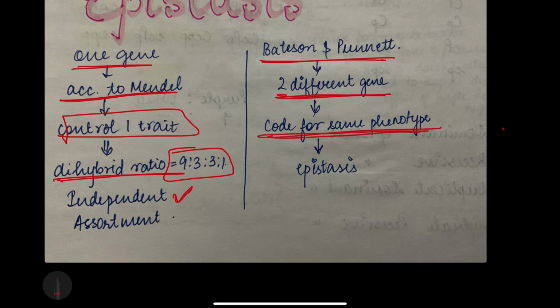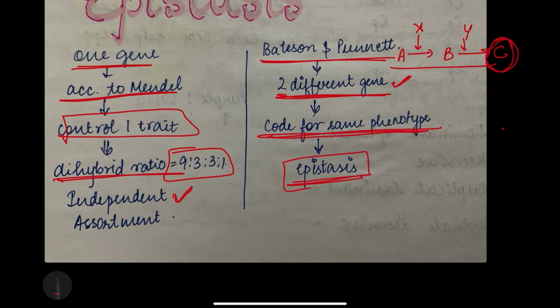How will we understand this? Two different genes can sometimes show a cumulative effect, like the action of X and the action of Y can together result in C. This was considered as epistasis, that is, non-allelic gene interaction, right?